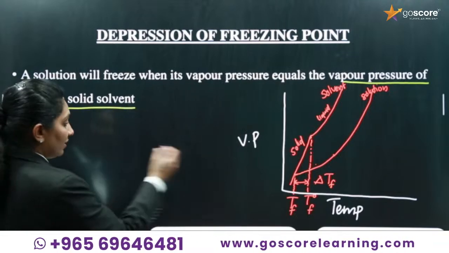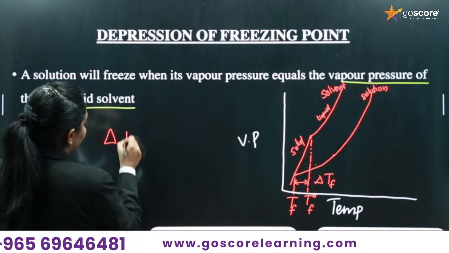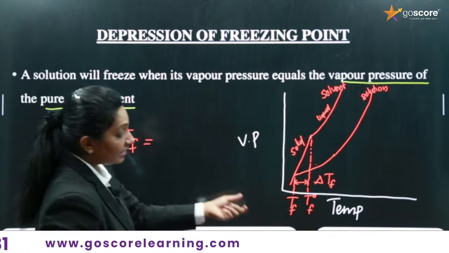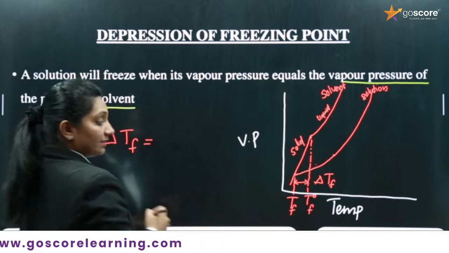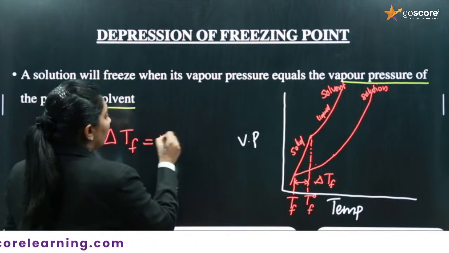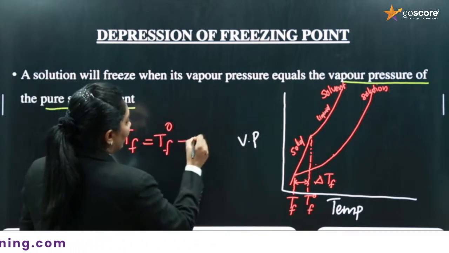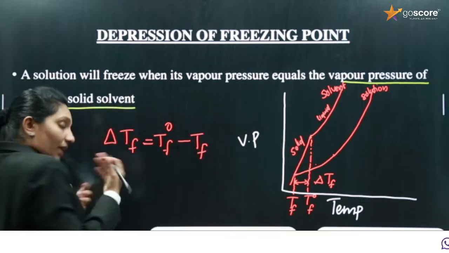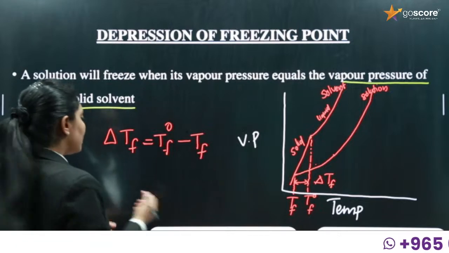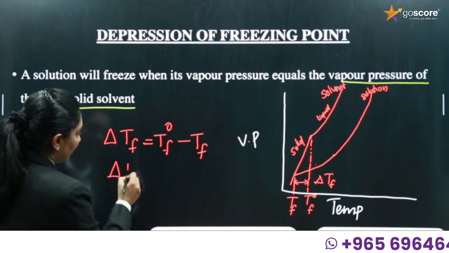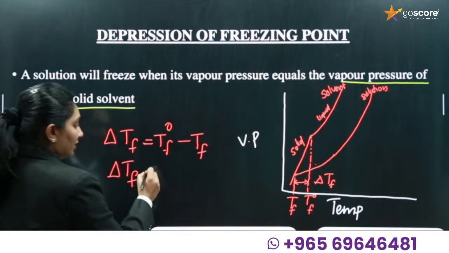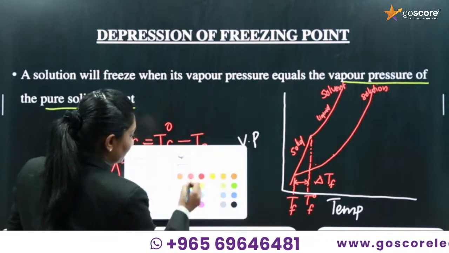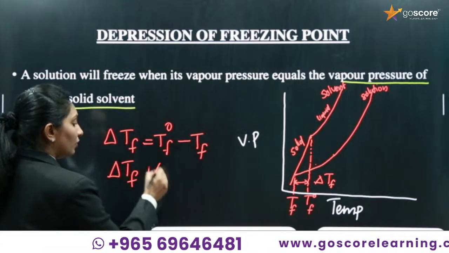We can represent the depression in freezing point as delta TF equals T naught F minus TF. Experimentally, it is proved that the change in the freezing point, delta TF, is directly proportional to molality.